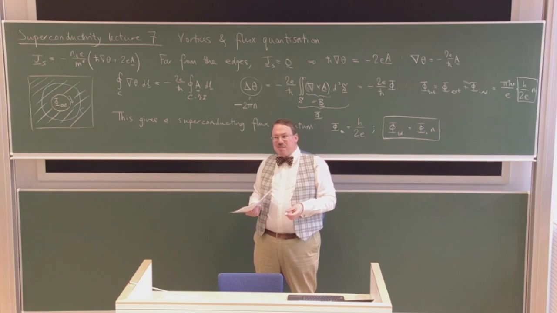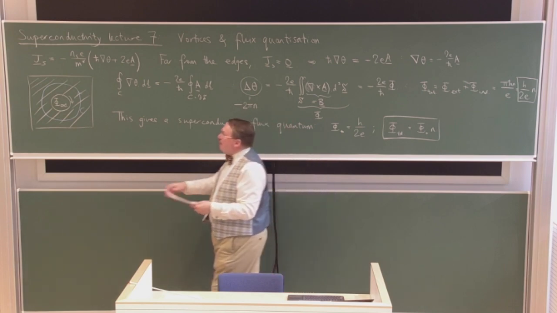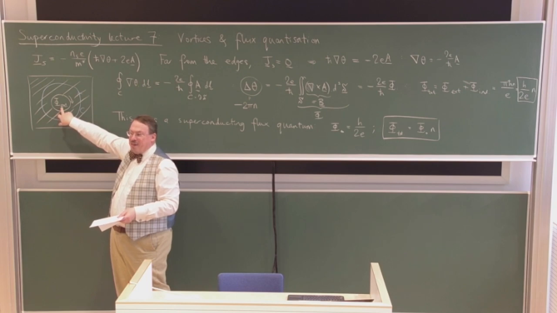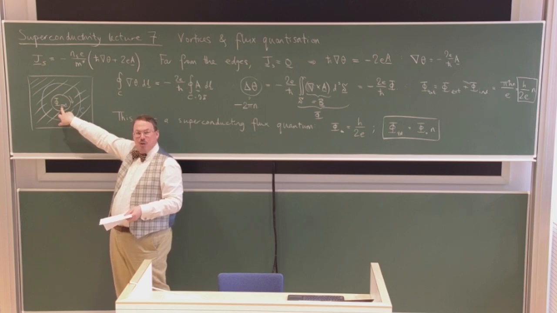That has an interesting feature: if I put a number of flux quanta through this cavity which is an integer plus a half, then I have two degenerate equilibrium states for the superconductor. It could run a current one way and round the flux up, or it could run a current the other way and round the flux down.